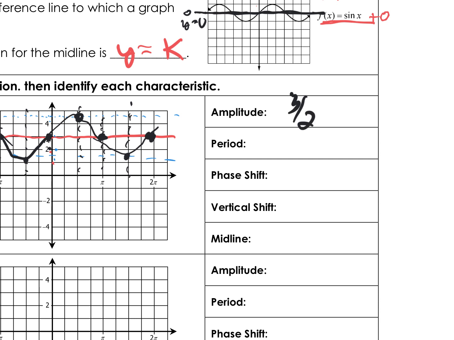What was my period? 2 pi. I did the work over there. I labeled it. What's my phase shift, left or right? None. What was my vertical shift? Positive 3. What was my midline? Y equals to what? 3. Yeah, y equals 3.